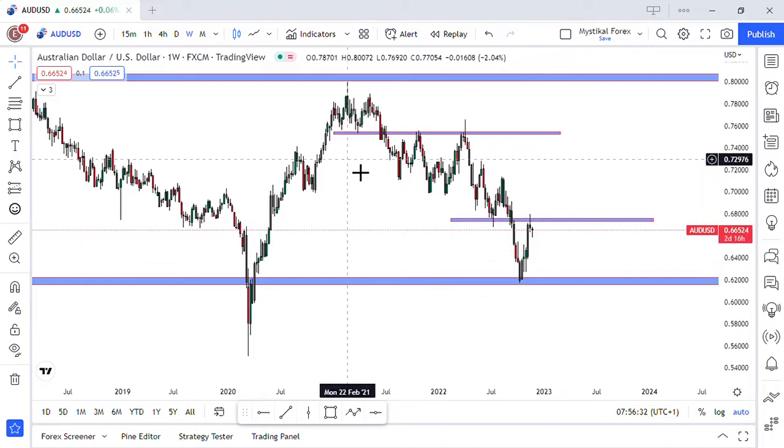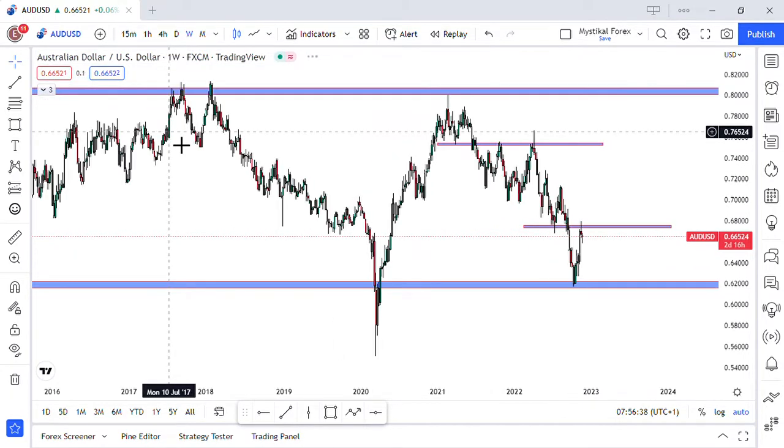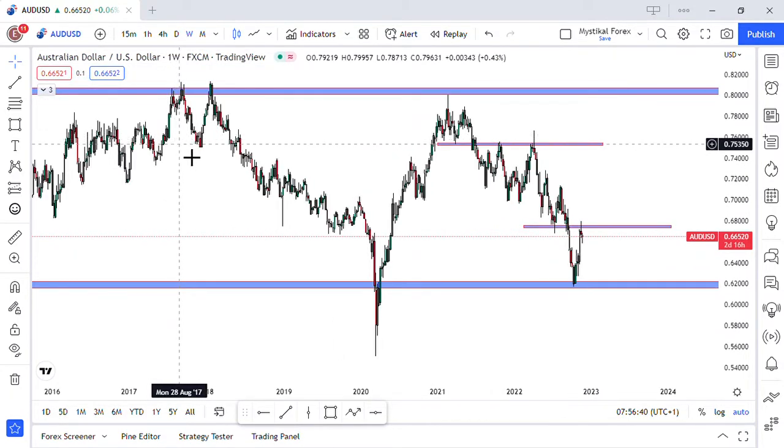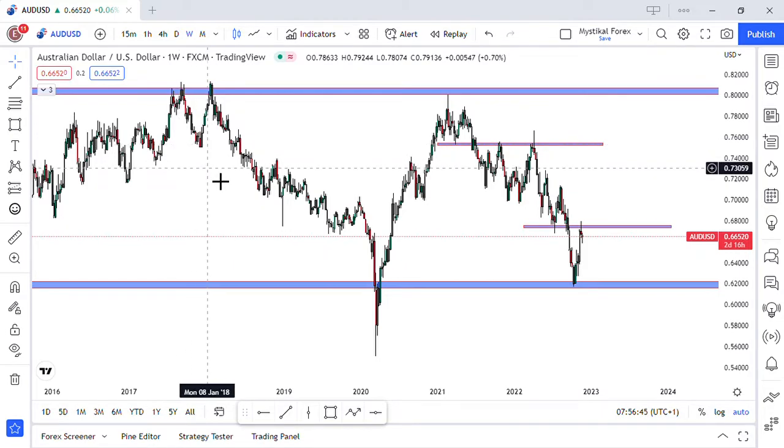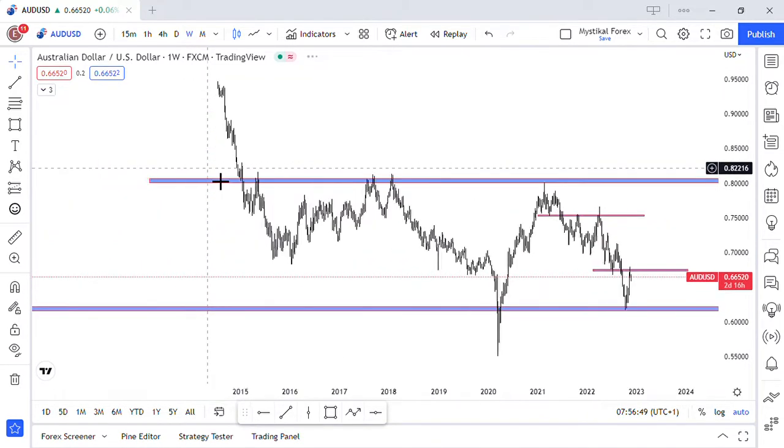Now we are going down to our daily time frame, but before we do, I want everyone to take a look at how the market has been playing out based on market structure. You can all see it, right?